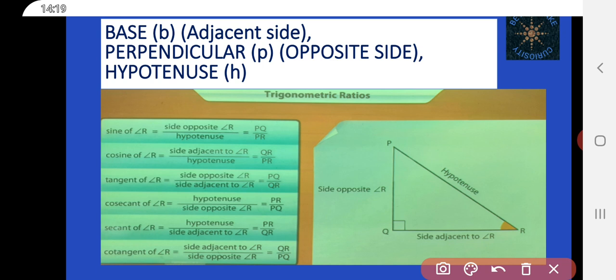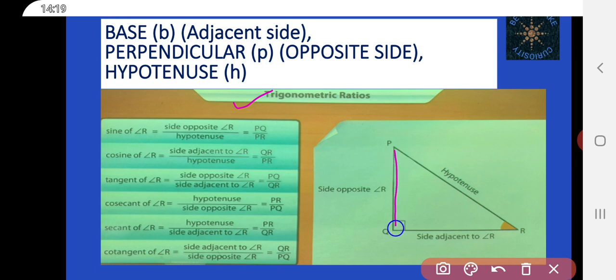Okay, so now come to trigonometric ratios. There are 6 trigonometrical ratios relating to 3 sides of a right angle triangle.